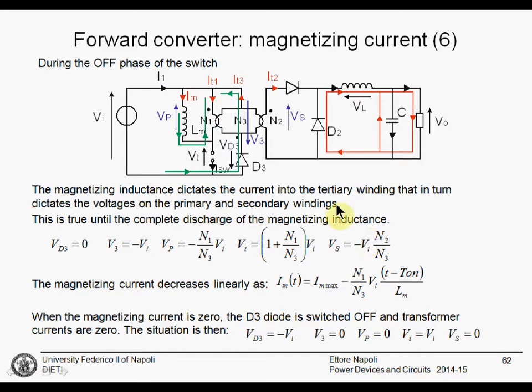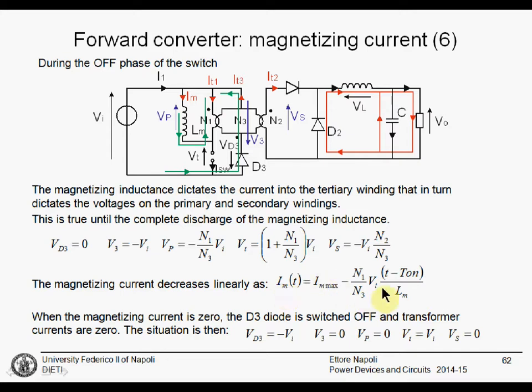In this condition, the magnetizing current decreases linearly since the voltage on the primary winding is negative, and it is equal to minus N1 divided by N3 multiplied by Vi.